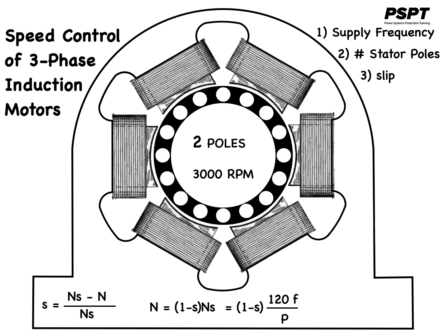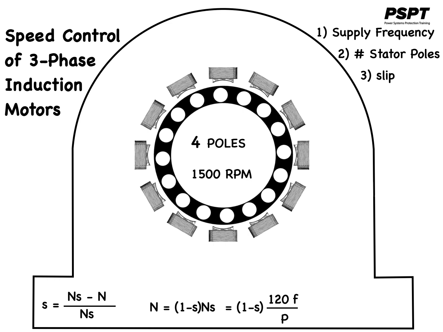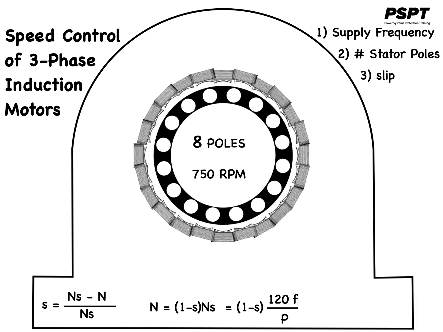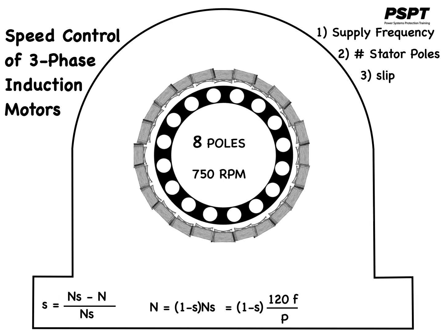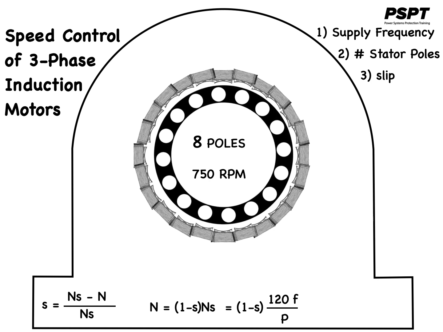Since this motor would produce 3,000 RPM, it's not too practical in the real world. For this reason, only 4-pole machines giving synchronous speeds of 1500 or 8-pole machines giving synchronous speeds of 750 RPM are generally used.